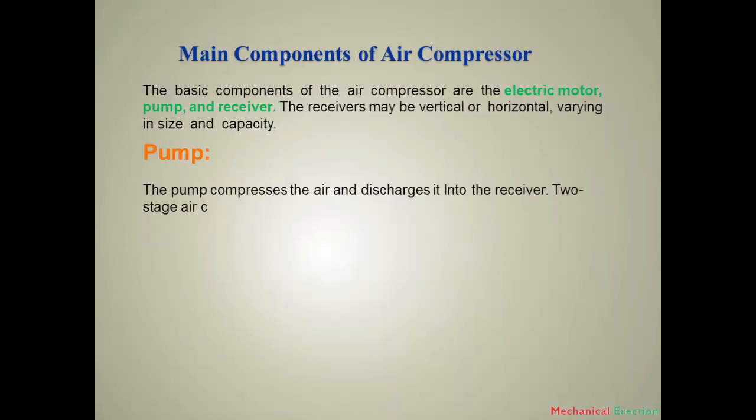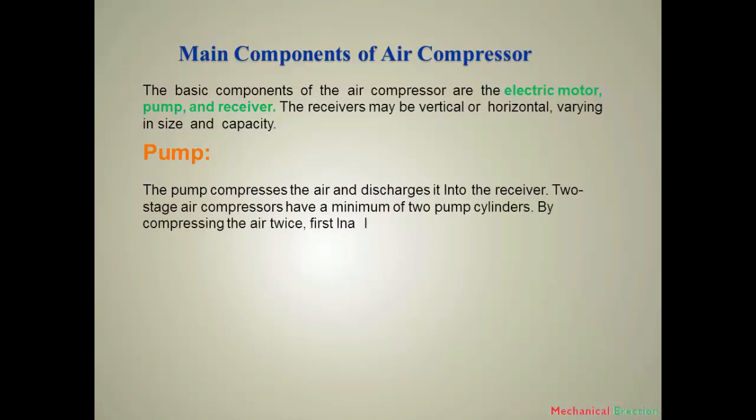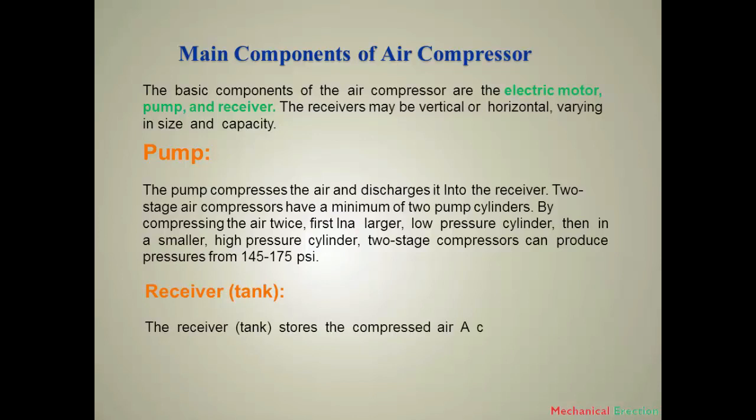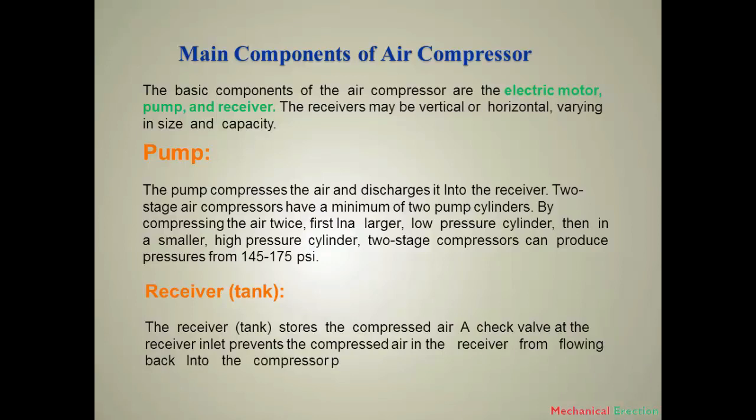The purpose of the pump is to compress the air and discharge it into the receiver. Two-stage air compressors have a minimum of two pump cylinders, compressing the air twice, first in a larger low pressure cylinder, then in a smaller high pressure cylinder. A two-stage compressor can produce low pressure and medium pressure.